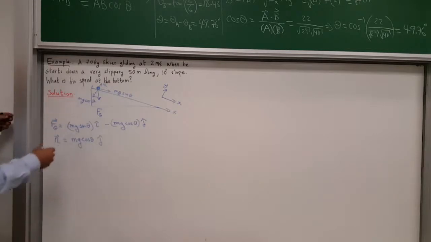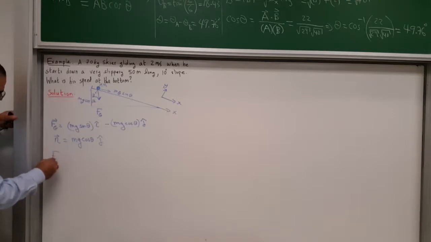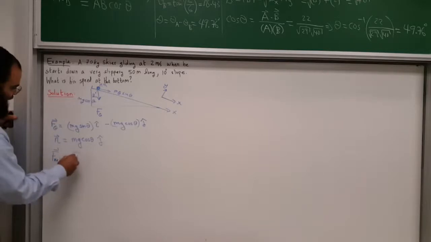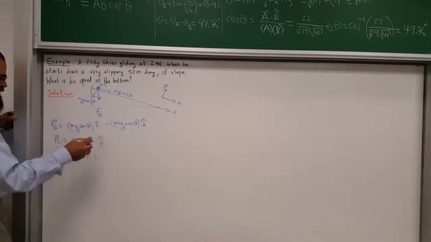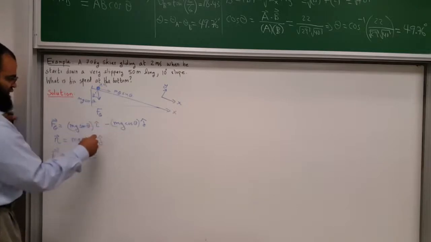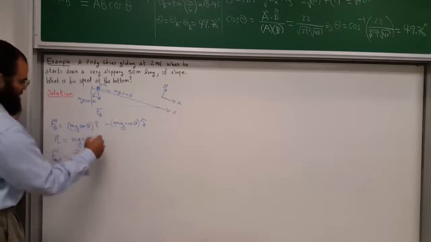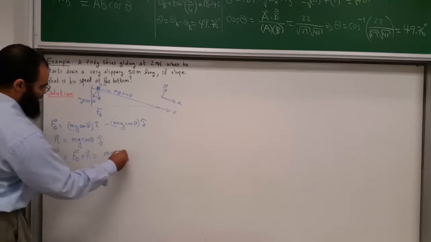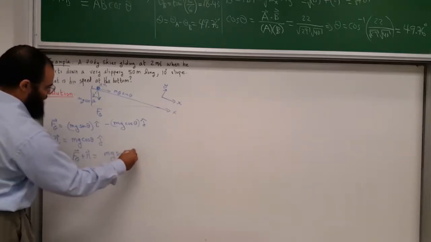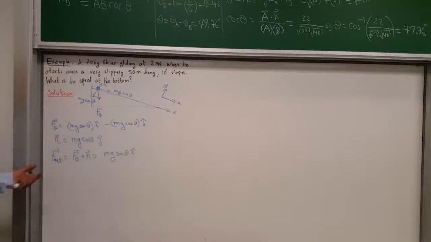The net force is the force of gravity plus the normal force. The y components cancel, they add up to zero, so I have mg sine theta I hat. The net force is simply along the x direction, so the acceleration will be along the x direction.